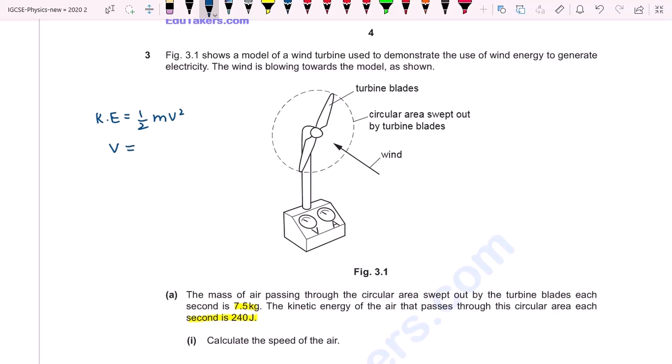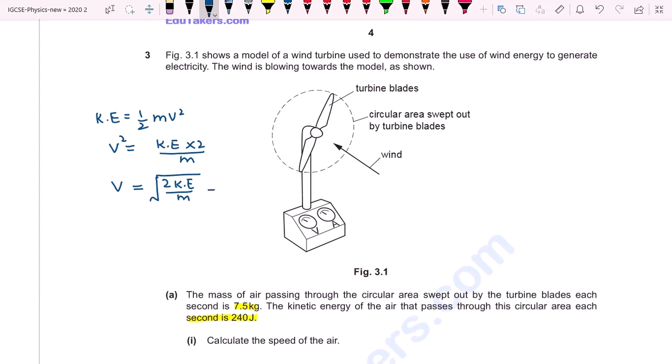V squared comes to be kinetic energy multiplied by 2 divided by m. Then I take the square root on both sides. It comes to be v equals the square root of 2 multiplied by kinetic energy divided by m.